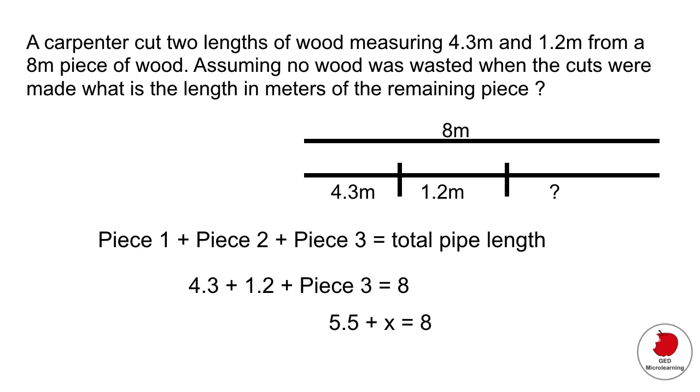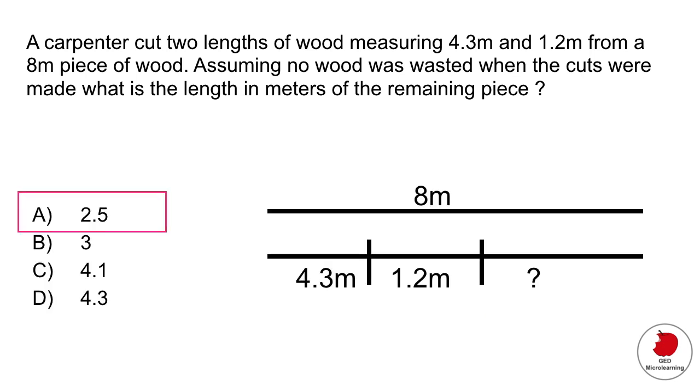And now it's a pretty straightforward algebra problem. You would subtract 5.5 on the left, do the same thing on the right, and that gives you that x is 2.5. Okay, so answer A. And then as always, if you have time, review your work. If you add 4.3 plus 1.2 plus 2.5, that should give you 8.